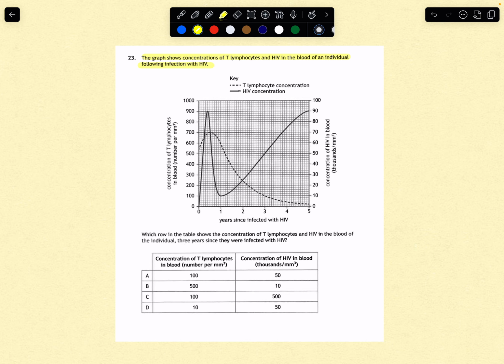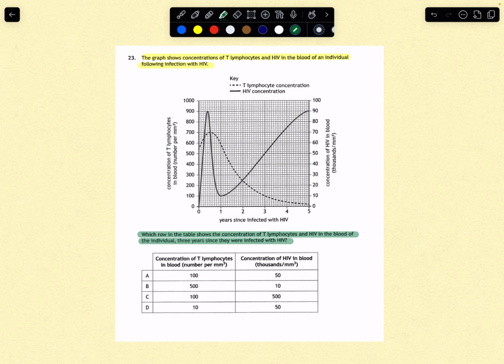Now, the next thing we're going to do is ignore the graph, and using a different coloured highlighter, we're going to highlight the actual question. Okay, so the question is, which row in the table shows the concentration of T lymphocytes and HIV in the blood of the individual 3 years since they were infected with HIV?